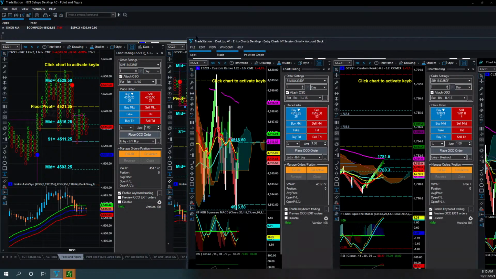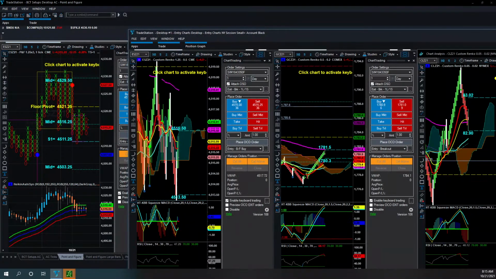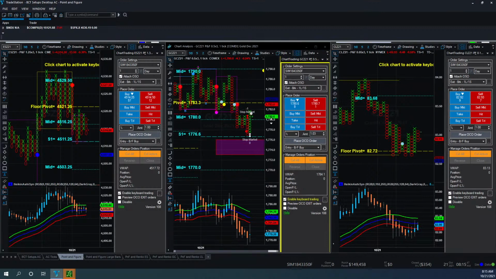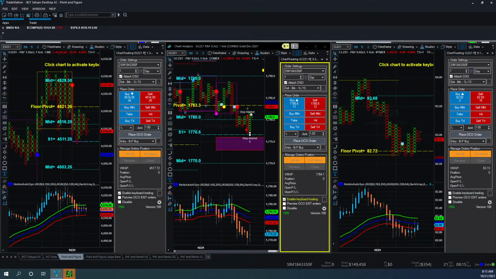So let's look at that. We took the entry right here when it broke, and then came back up all the way up here. And now it's at resistance, so it may come back, and that is when it's in the range. It's okay. Let's wait for the next entry signal.